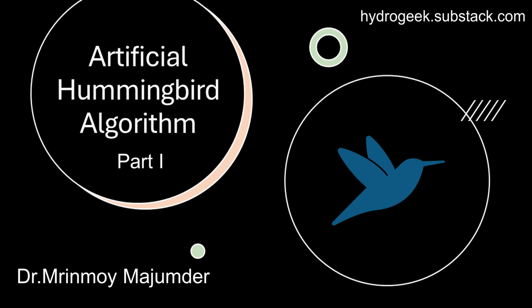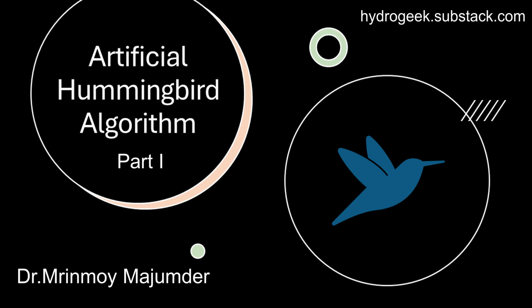Okay, so this is a brief introduction about the hummingbird. Another very important point to note is that hummingbirds forage for food in three different ways. One is guided foraging, one is territorial foraging, and the third is migratory foraging.